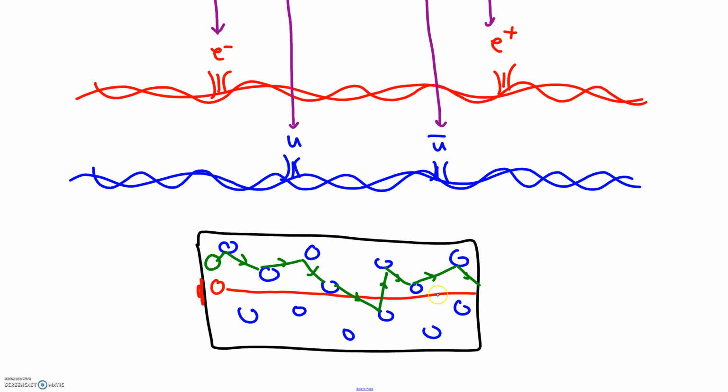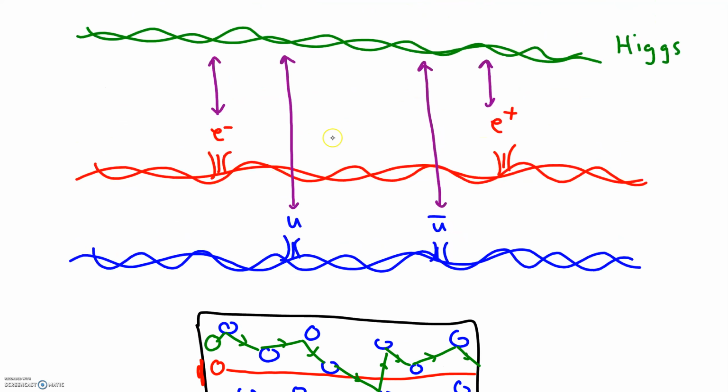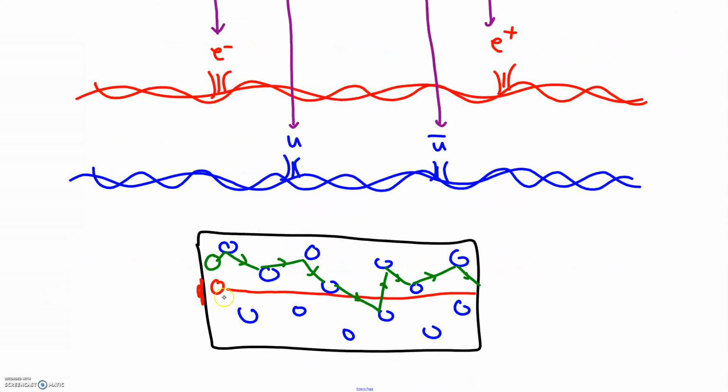The Higgs field is like those people. Photons do not interact with the Higgs field, and so they move across at the speed of light, the fastest possible. Electrons and up quarks, and every other quark, do interact with the Higgs field. And because they slow down, it means they do not move at the speed of light.